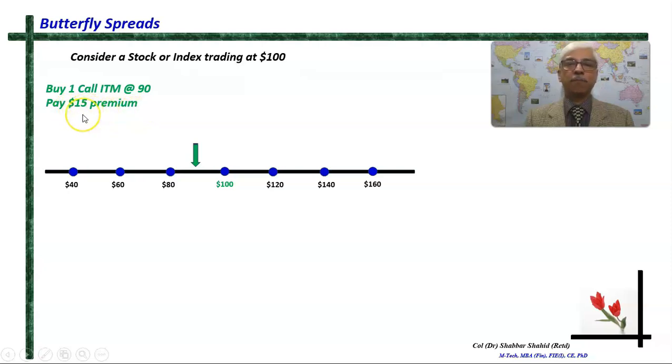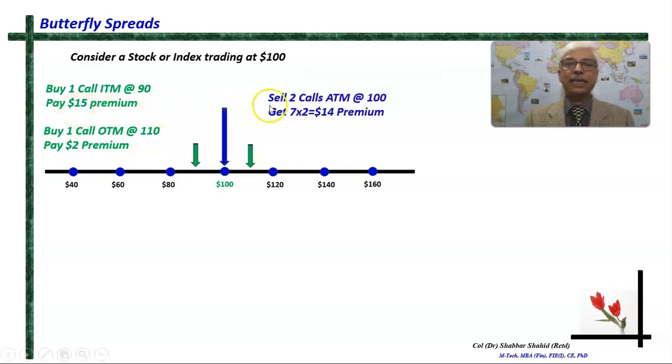All right. So you pay a premium of $15 here, and simultaneously you buy a call out of the money here, let us say at 110, and because you are buying out of the money, you pay a small premium, let us say $2. So you pay a premium of 2 here, a premium of 15 here, total $17 you have paid. Simultaneously now you sell two calls at the money at 100.